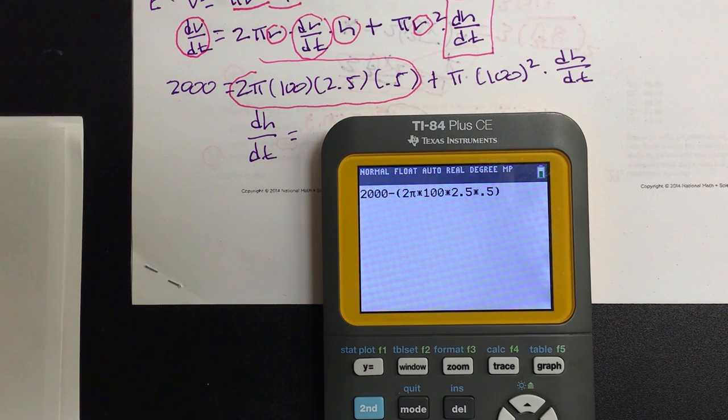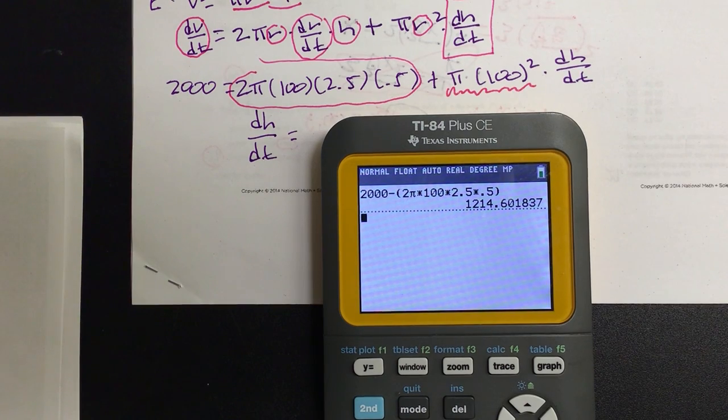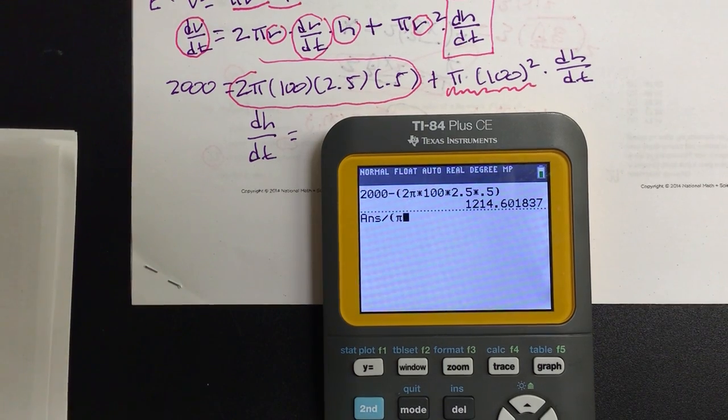So 2,000 minus that whole component without dh over dt. Gotcha. And when you're done, press enter. And then we're going to divide it by everything outside of the dh over dt. So divided by, and again, I'm going to put in parentheses, pi times 100 squared.